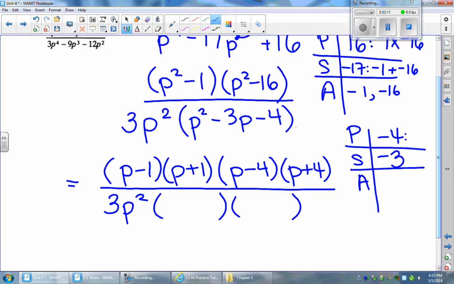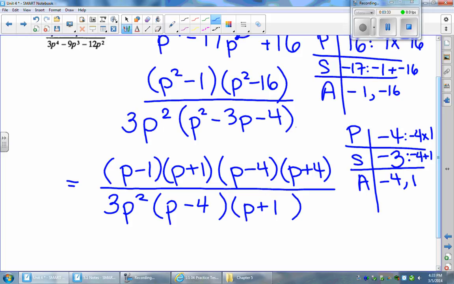All right, I notice that negative 4 times positive 1 gives me negative 4, and negative 4 plus positive 1 gives me a sum of negative 3. So my answers here are negative 4 and 1. So I know I can put this into factored form, p minus 4 and p plus 1.